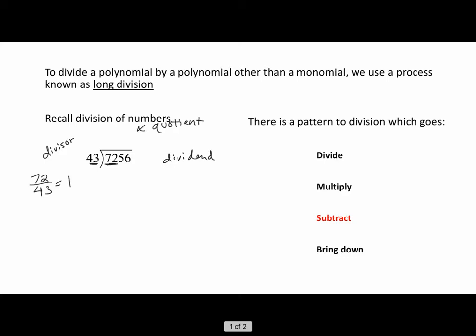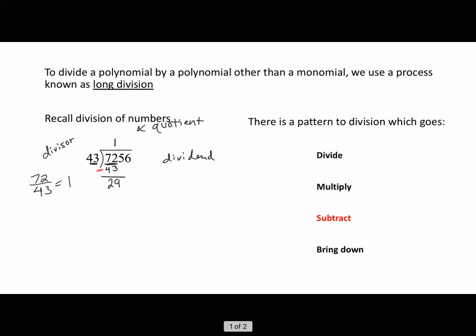So in this case, we get 1 as our whole number, so I'm going to put that above the 2, which is the end of the place value for that 72. And so we multiply 1 times 43, and then we subtract, and I'm going to change the color here. Let's subtract 43 from 72.